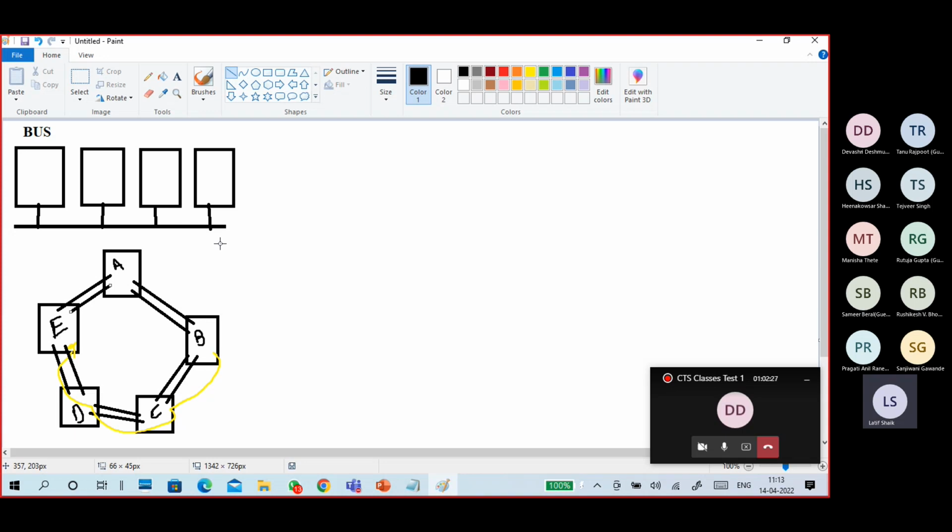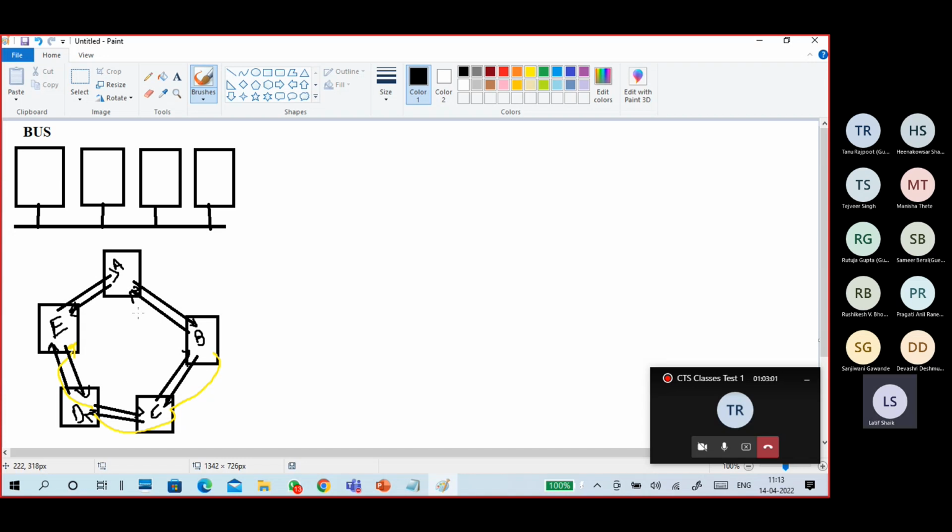For one it is A to B, B to C, C to D, D to E, E to A. The next one is anti-clockwise: A to E, E to D, D to C, C to B, B to A.